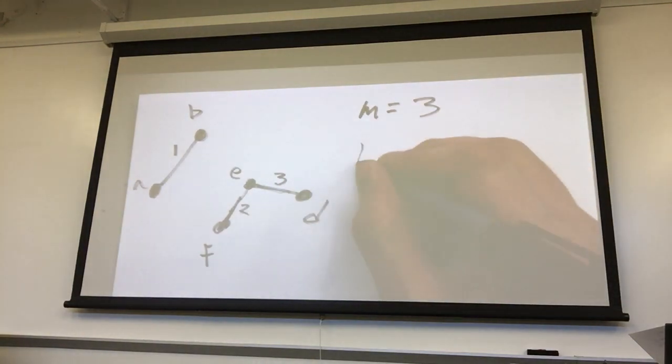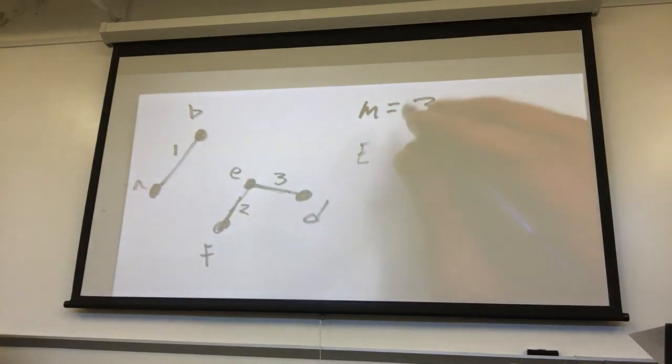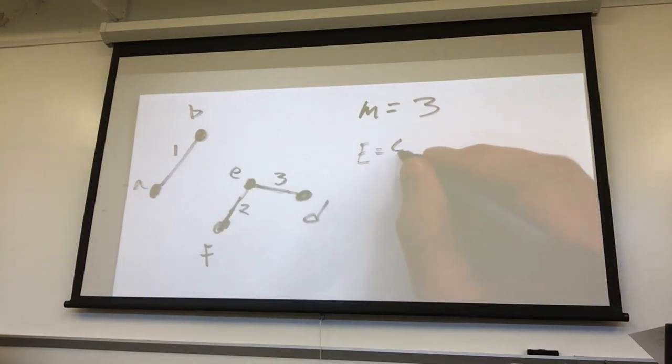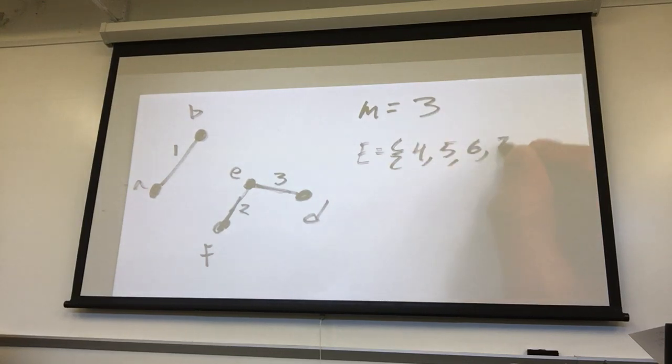And so this would change E into set 4, 5, 6, 7, 8, 9, well, I'm running out of room, but 10. Okay.